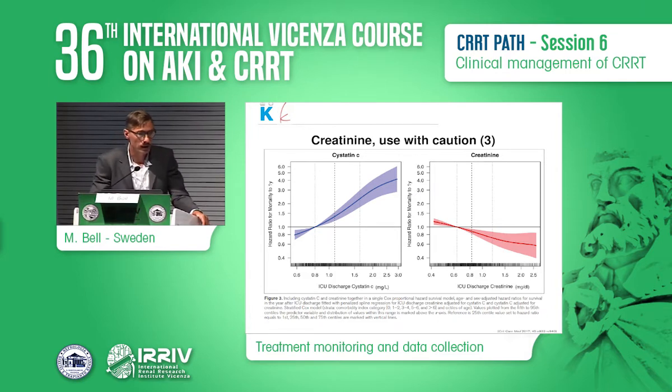So I think this has implications for treatment monitoring. If we want to find patients who should be followed up by nephrologists, if we want to do targeted follow-up studies, I think using the KDIGO criteria at discharge could lead us down a wrong path.